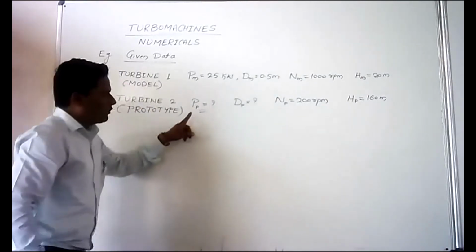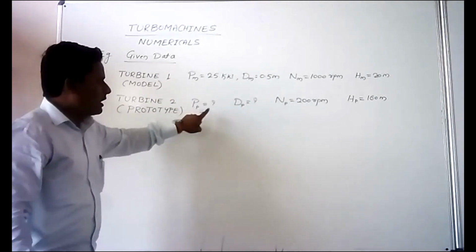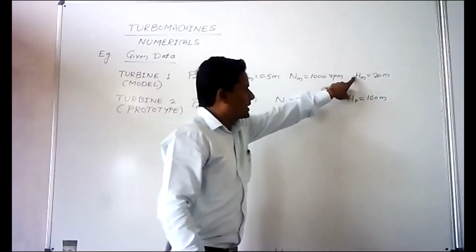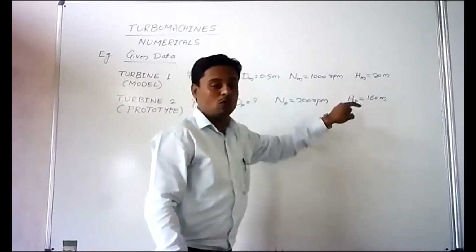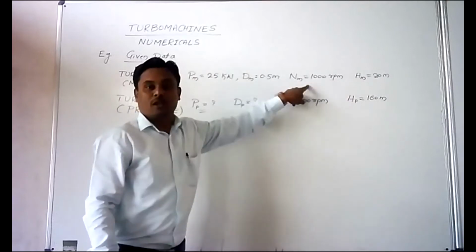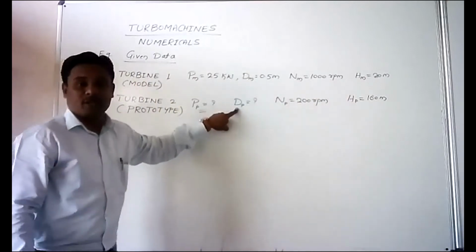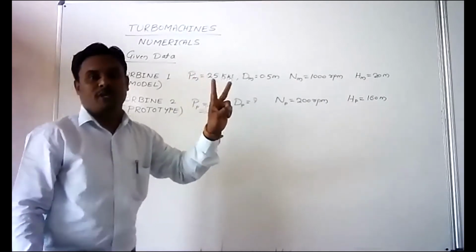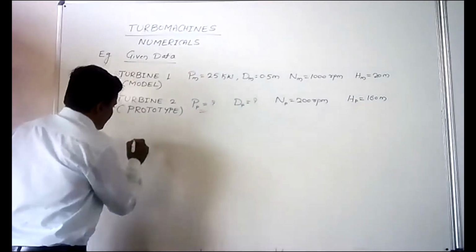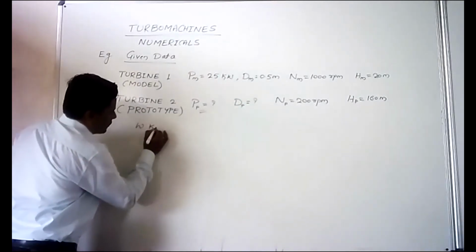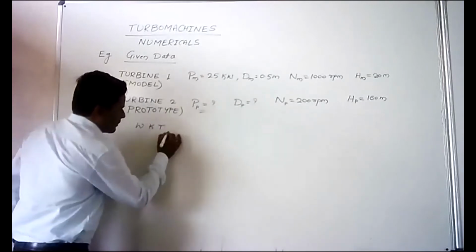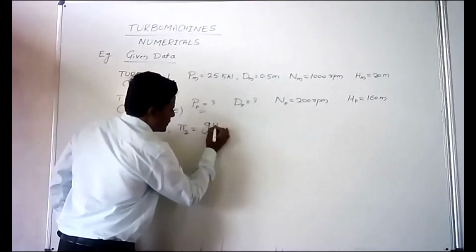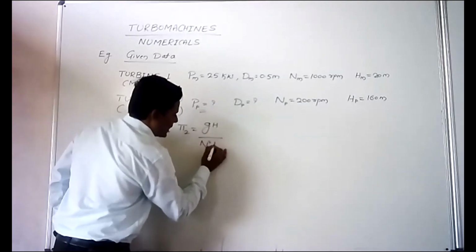We want to get the value of power obtained from the prototype and the diameter of the prototype. As we know the values of Hm and Hp, the heads for both are known, as well as the speeds. So in order to get the prototype diameter, we can use the pi 2 term. The head coefficient pi 2 is given by gH divided by n square d square.